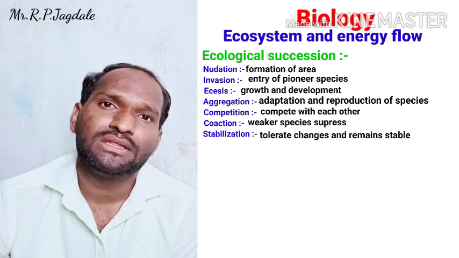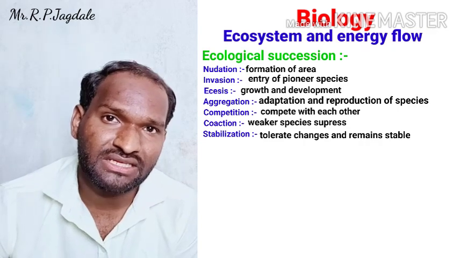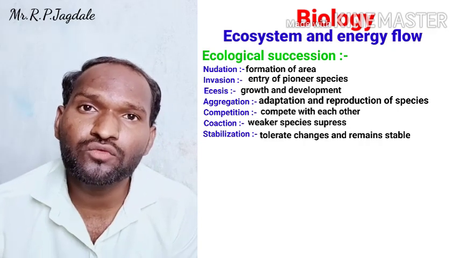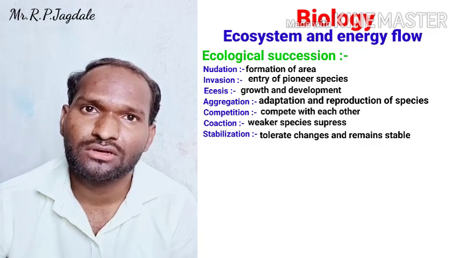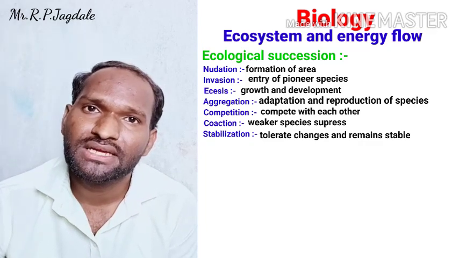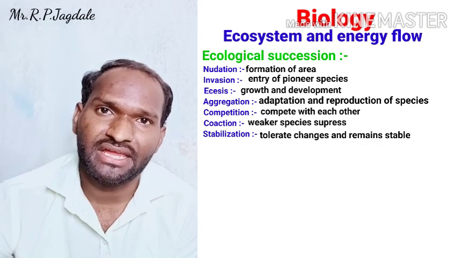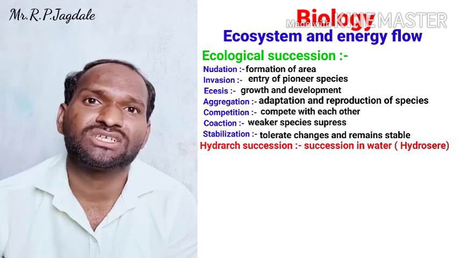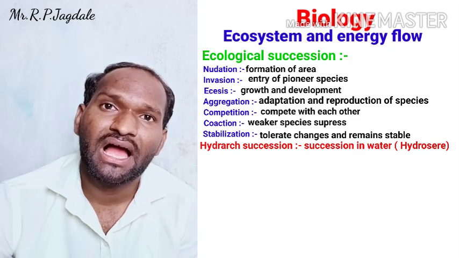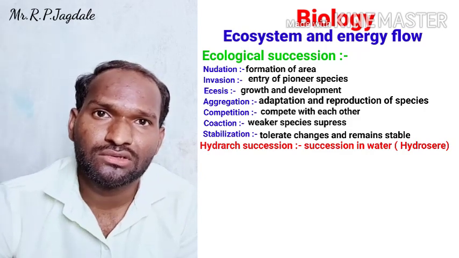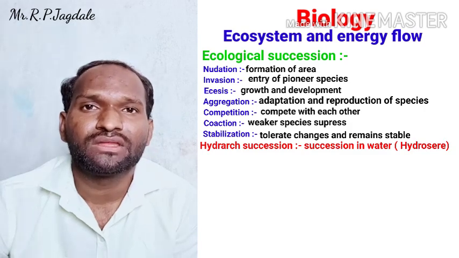Now, according to where the succession takes place, there are different names for the successions. If the succession takes place in a watery area, in a water medium, it is called hydrarch succession, or we can call it hydrosere.